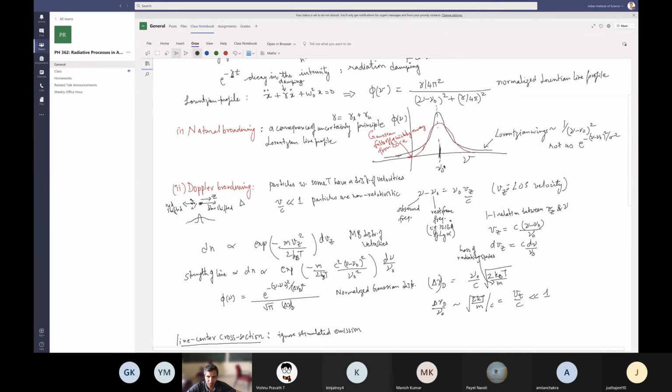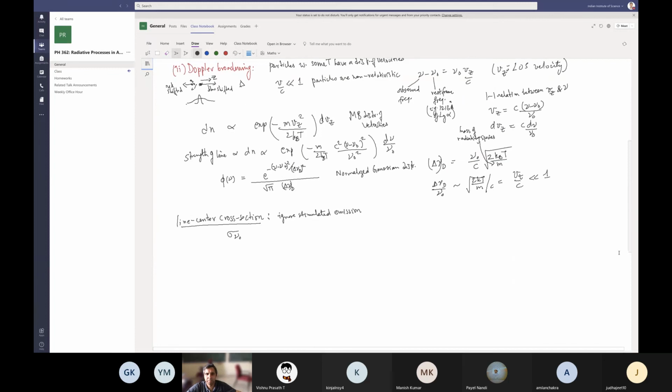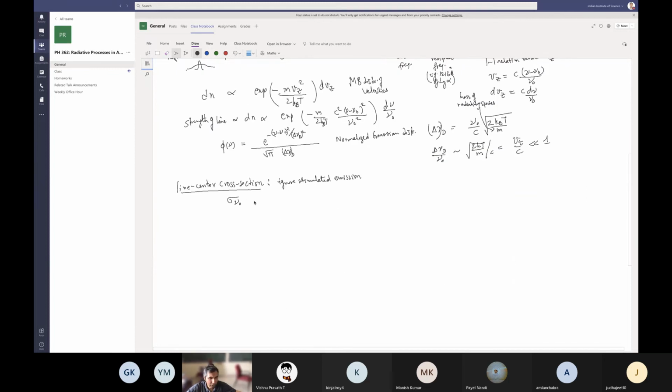What is it? This is equal to B12 h nu by 4 pi times phi nu naught, and we are calculating this at the line center.